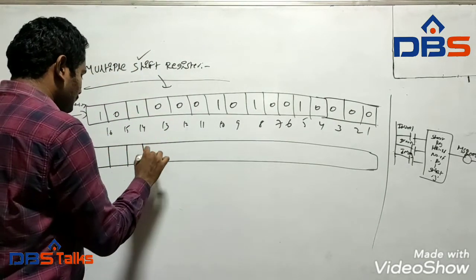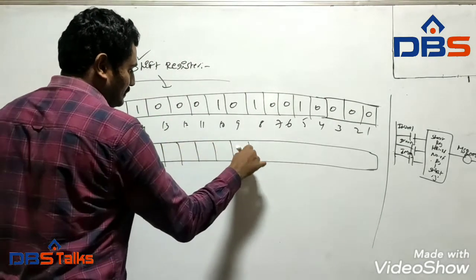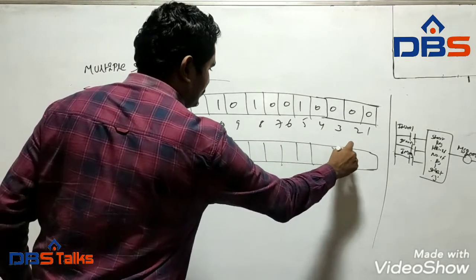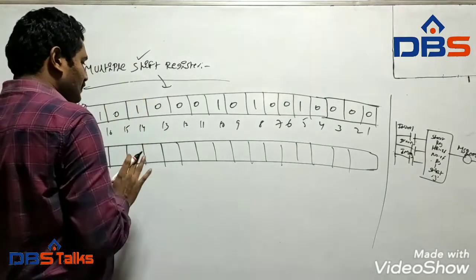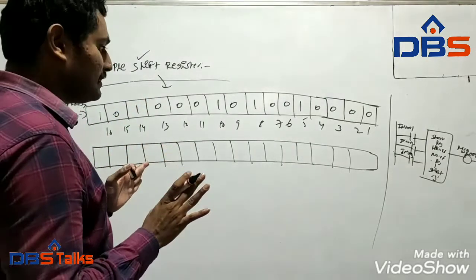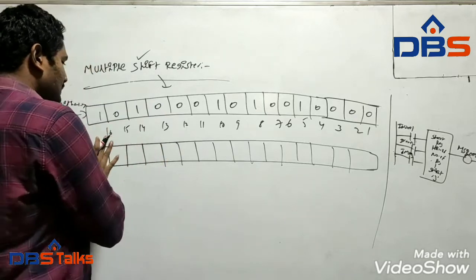I am taking a 16-bit register with reference to this diagram. So here I am inserting 3 bits, that means we have to shift 3 bits at a time.